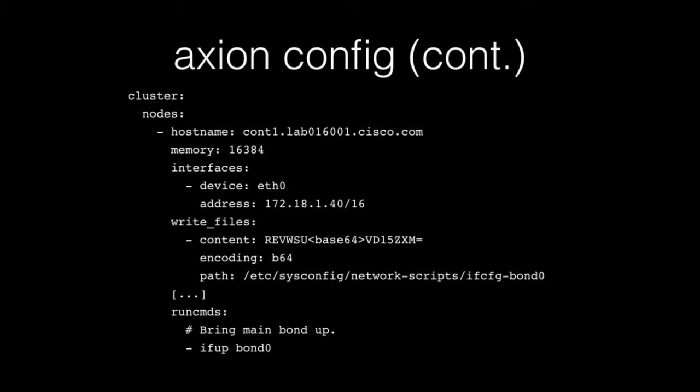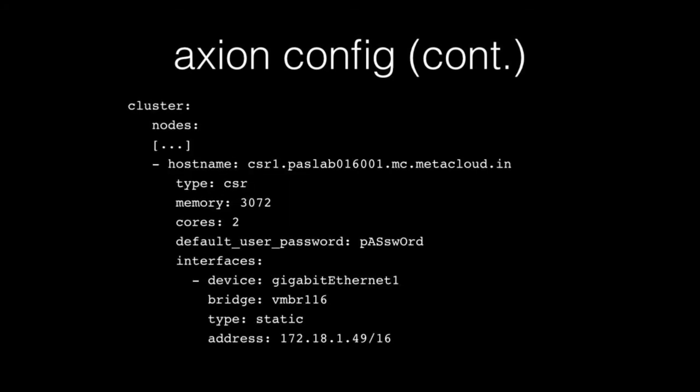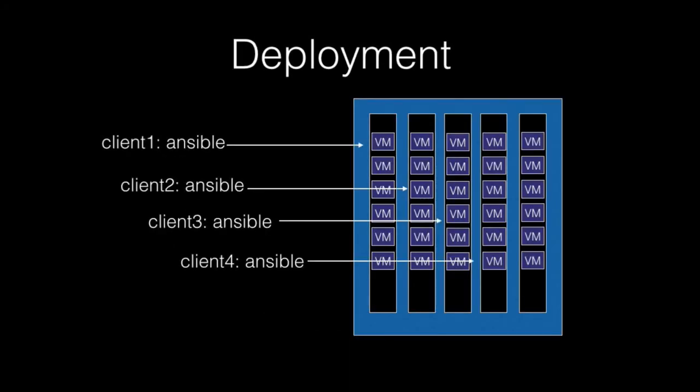So this is another example of what a CSR looks like. It's just a different type and different configuration options, but basically it does the same. It reads that bit, and it bundles all that information in such a way that the instance will be accessible when Axion runs. So this was our way to take those big Proxmox clusters that we have, divide them into slots that could then be used by each developer to provision clusters which are full of virtual machines.